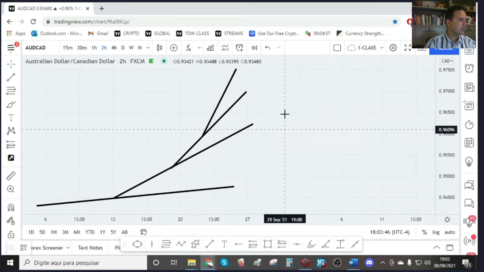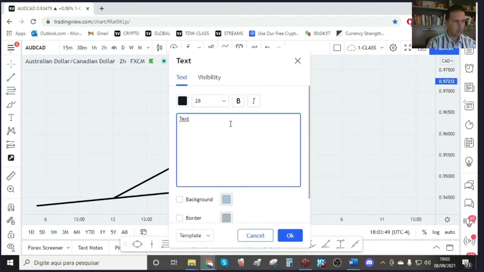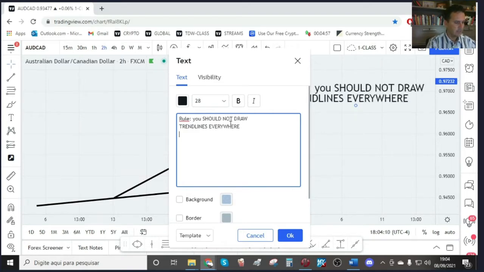Lesson 9, what we're going to learn today. It's a rule. I'm not your father, and I'm not going to say you must not, but you should not draw trend lines everywhere, because strict rules apply.